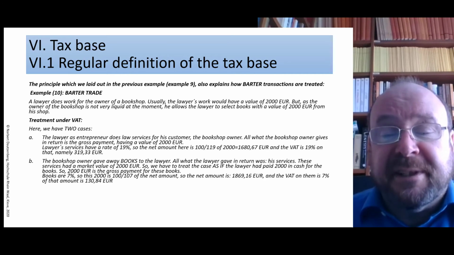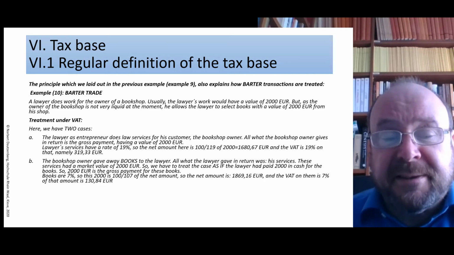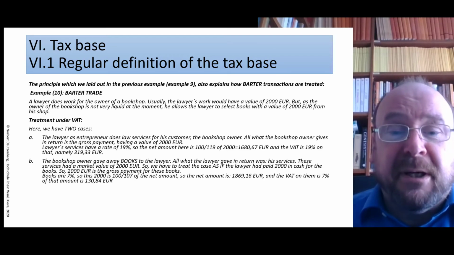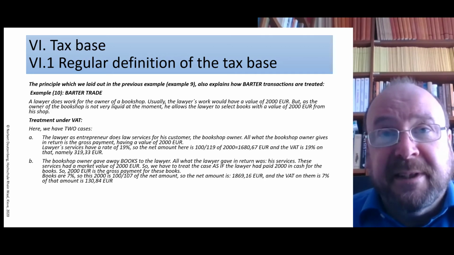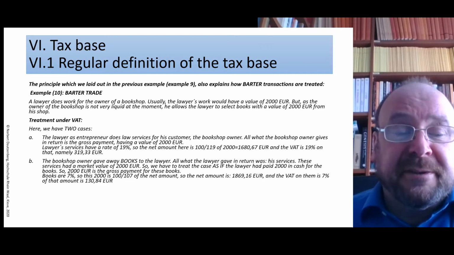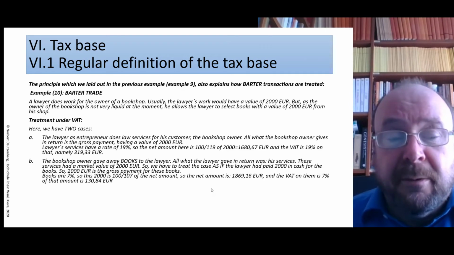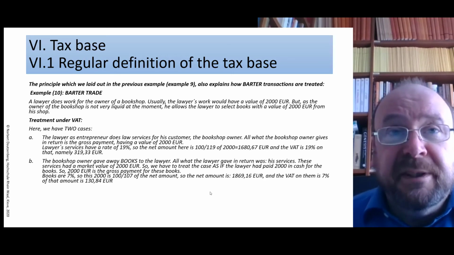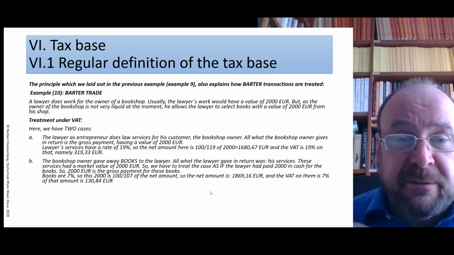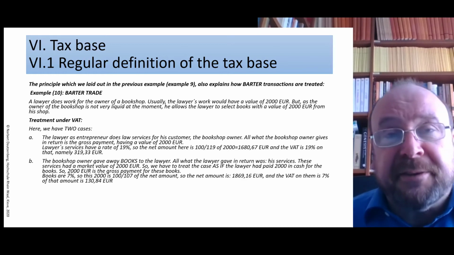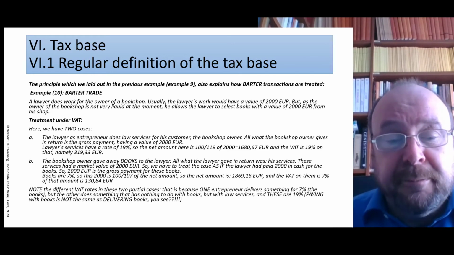Then you deduct 7% out of it, and so you end up with a net amount of 1,869, and 7% on top of that is 130.84 euro. So here you see the principle that what you got in return always has to be transformed into cash values according to its market value. That makes barter trade cases really easy.